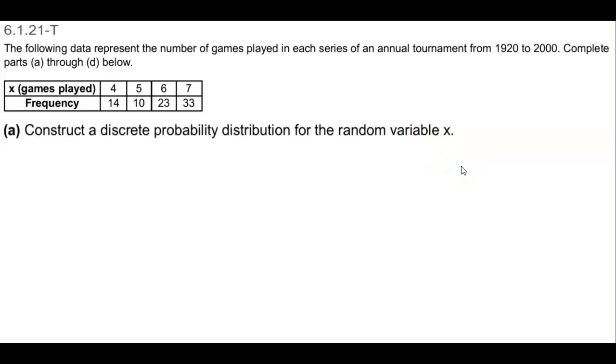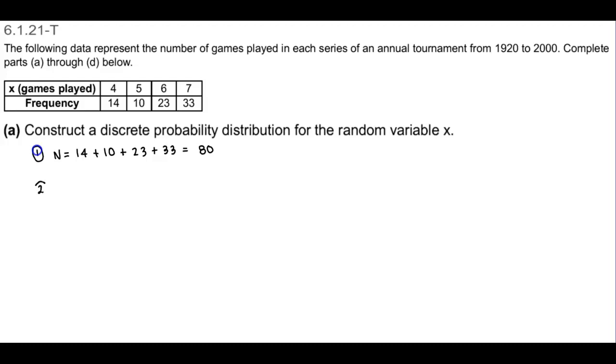So the first thing we need to do is figure out the total number of frequencies, which means we need to add 14 plus 10 plus 23 plus 33. When we add them all together, we get 80. Then we want to find the probability of each particular game played.